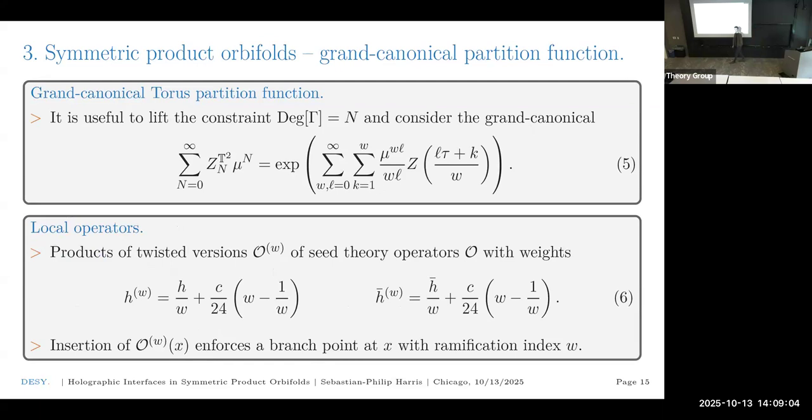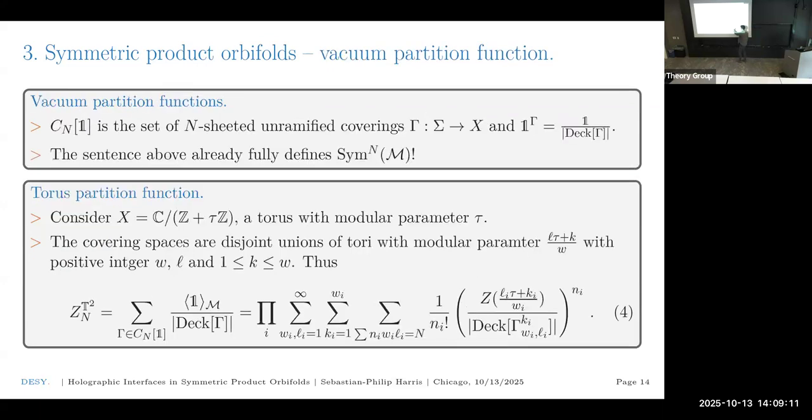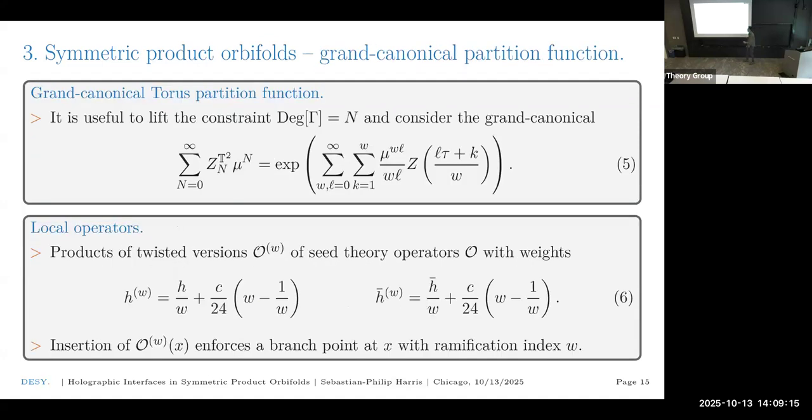And once you do this, the entire formula cleans up, all this nasty combinatorics with the different connected components disappears, and it just simplifies to an exponential where the exponent is just the contribution from connected covering maps. Okay, and from this formula, you can then directly go and read off the spectrum of the theory.